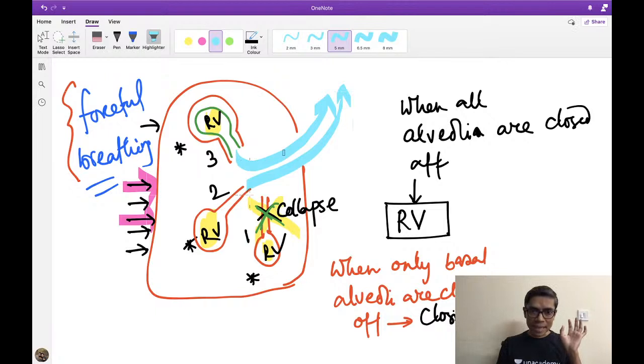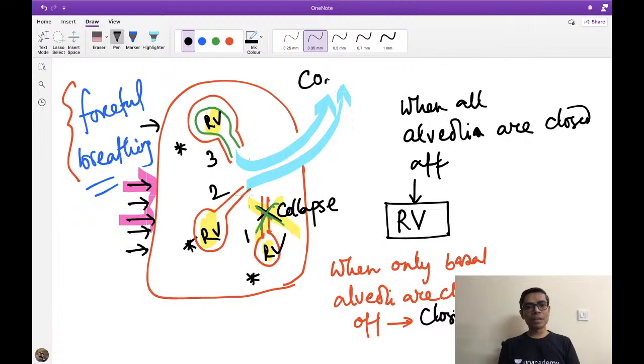Now if the air is coming from the apical part of the alveoli, then what will happen to the carbon dioxide tension of this air? Tell me. This is the forceful expiration and you have reached the end of expiration, because after the expiration of this air, all of these alveoli are going to be closed.